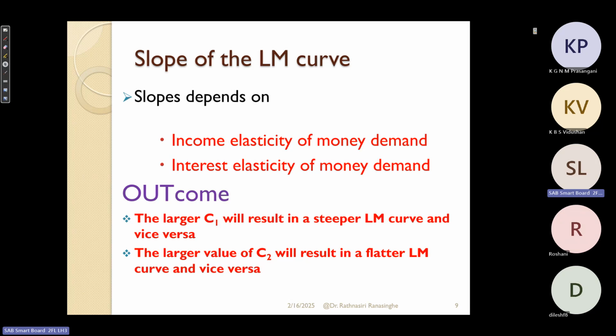So what factors determine the money demand? Basically, two factors: income and the interest rate. So we identify the income elasticity and the interest elasticity. In the money demand function, the main form is C0 plus C1Y minus C2R, where C1 and C2 are the income elasticity and the interest elasticity of money demand.